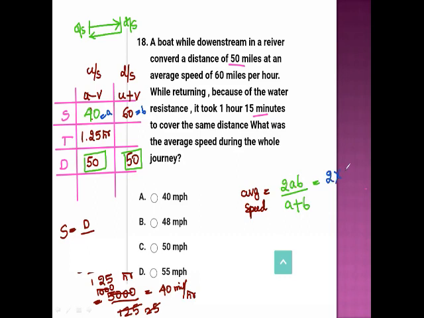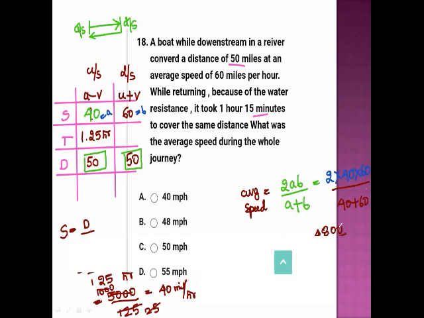So it will be 2 into 40 into 60 divided by 40 plus 60. That becomes 4800 divided by 100, since 60 plus 40 is 100.